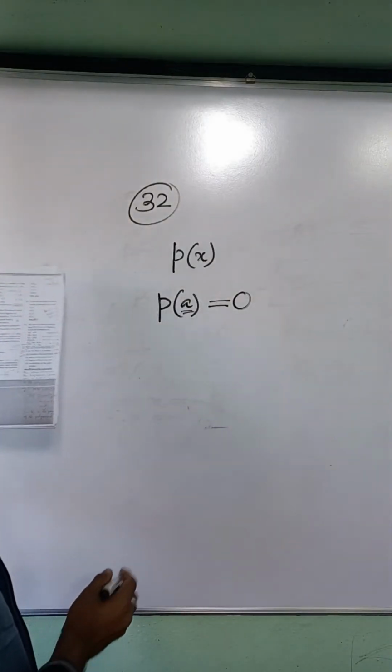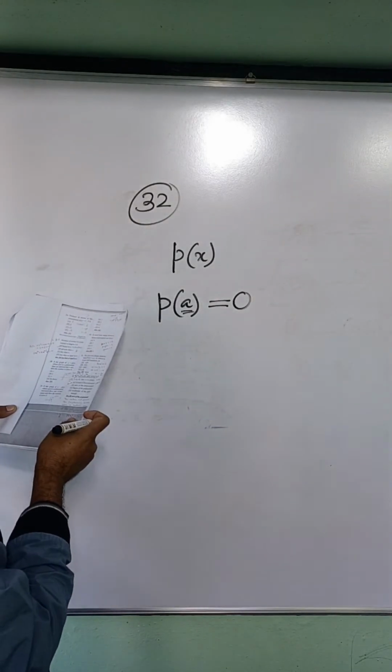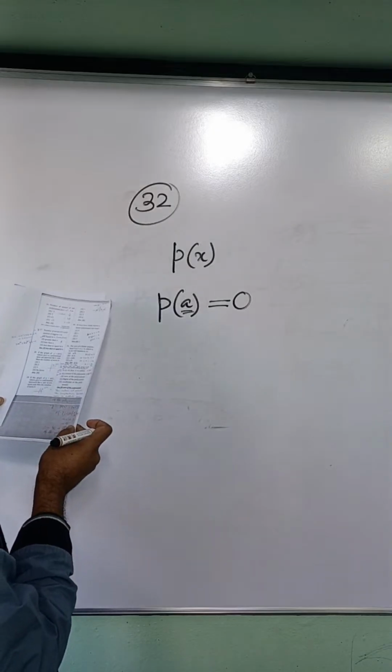I request all the students, read the question carefully. Is it a constant of the polynomial, zero of the polynomial, degree of the polynomial, or coefficient of the polynomial?